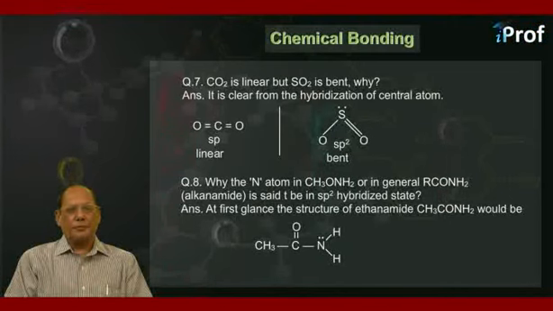The answer is, at first glance, the structure of ethanamide CH3CONH2 would be as drawn here: CH3 C double bond O, single bond nitrogen, it carries a lone pair and is attached with two hydrogen atoms.